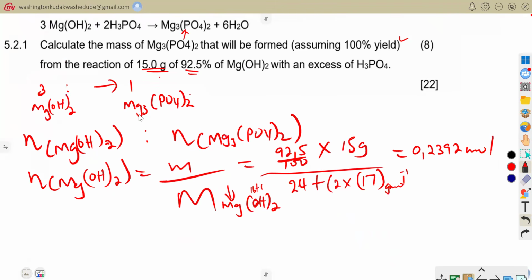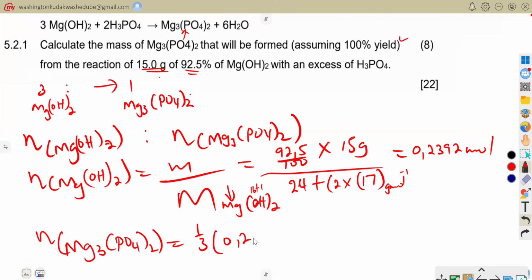Now, if these are the number of moles that are reacting here, how much product is being produced for this one? So you will see that I would produce 1/3 of what is reacting here. So the number of moles of the magnesium phosphate produced will be simply equal to 1/3 of the number of moles of magnesium hydroxide, which is 1/3 of 0.392.